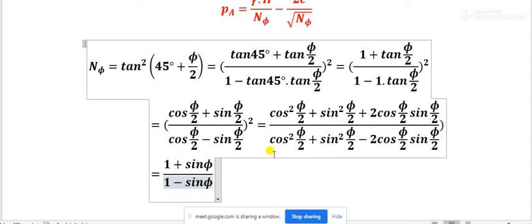Okay, now this is the simplified form of N phi. This is nothing but N phi.